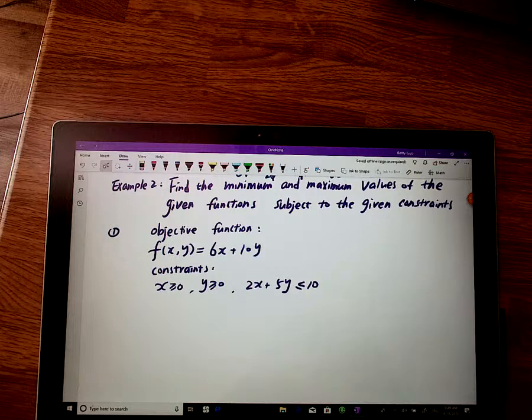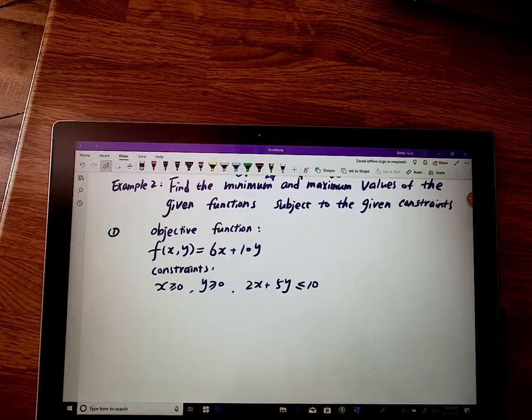If the feasible region is bounded, the optimum value, meaning either maximum or minimum, of the function will occur at a vertex. If the feasible region is unbounded, the optimum value of the function may not exist, but if it does exist, it will occur at a vertex.